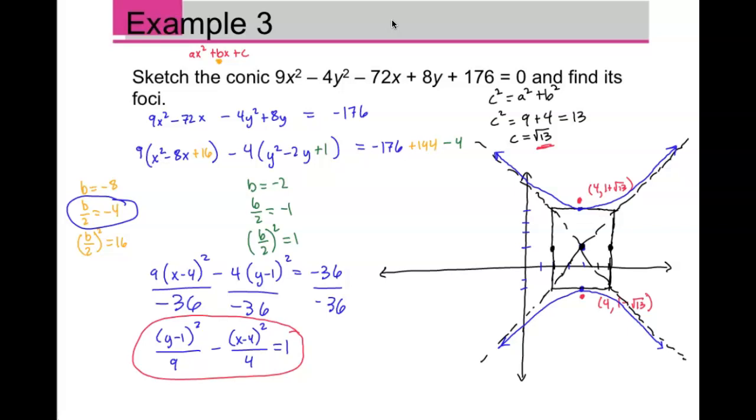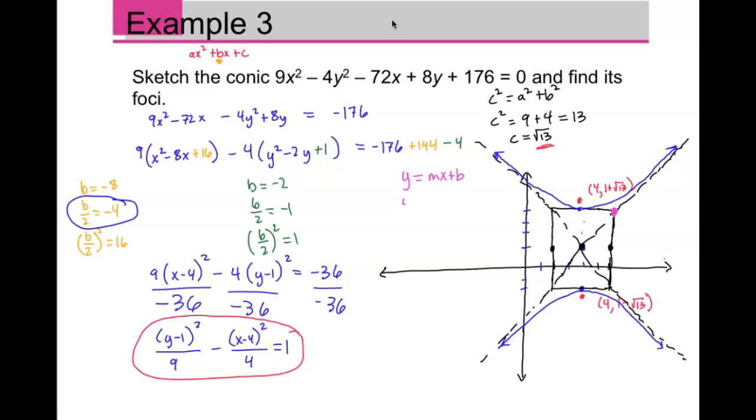The equations of the asymptotes are just going to be in y equals mx plus b form, right? It's pretty easy to find the slope. Start at your center, and how do I get to the corner of the box? Well, in this case, I'm going up 1, 2, 3, and I'm going over 1, 2. So the slope is 3 halves, right?